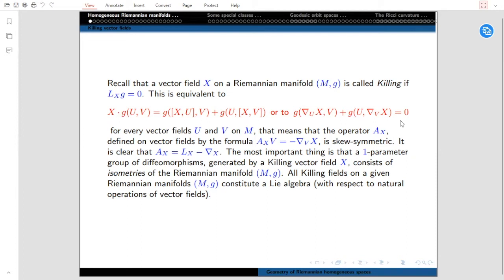It's easy to check that these three formulas are equivalent. This means that we consider any vector fields U and V on M, and X in this case is a Killing vector field.